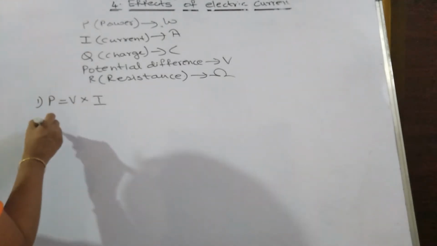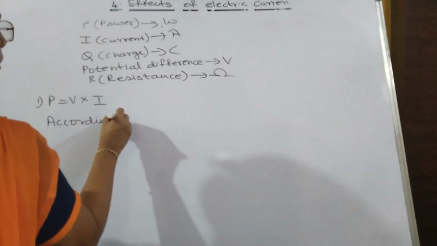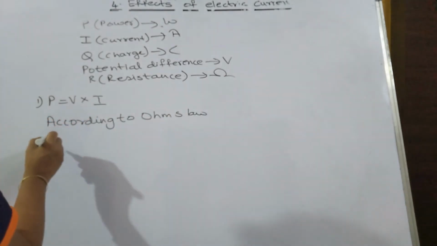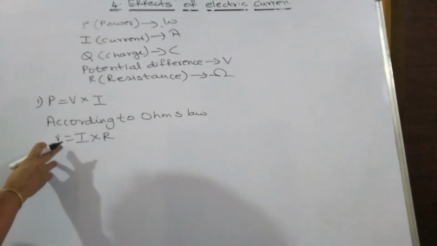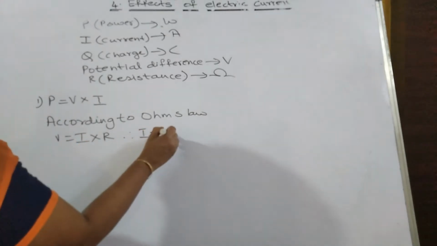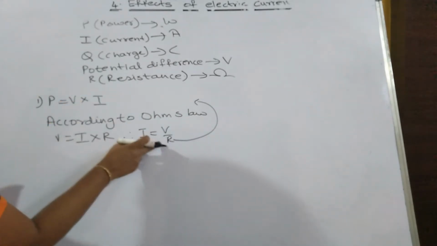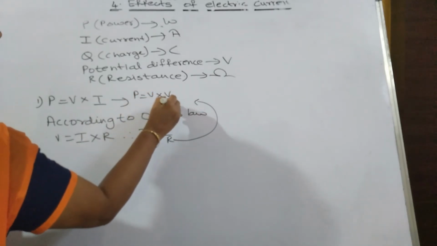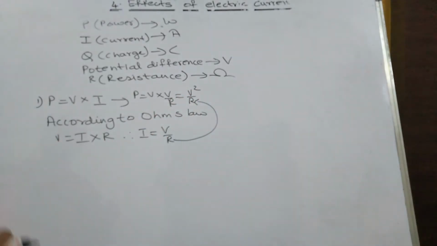Similarly, according to Ohm's law, V is equal to I into R. So I is equal to V upon R. Now apply this in V into I. Instead of I, you put V upon R. You'll get P is equal to V into V upon R, that's equal to V square upon R. So this is another formula which is used in this lesson.